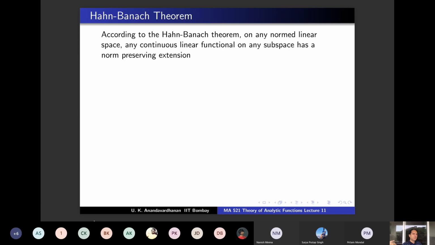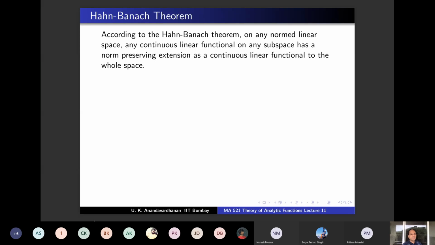The extended linear functional in X star has a norm, and these two norms are the same. In that way you can extend. So on any normed linear space, any continuous linear functional on any subspace has a norm-preserving extension as a continuous linear functional to the whole space. This is what is called the Hahn-Banach theorem, a very important result.